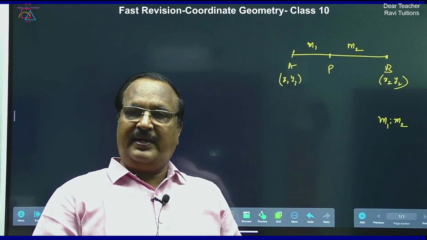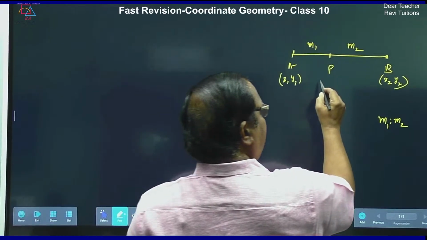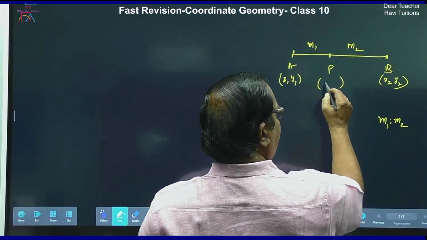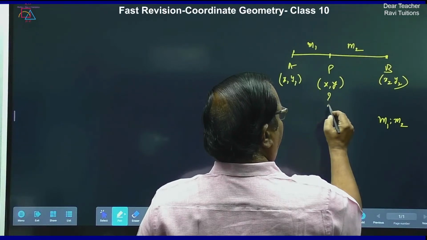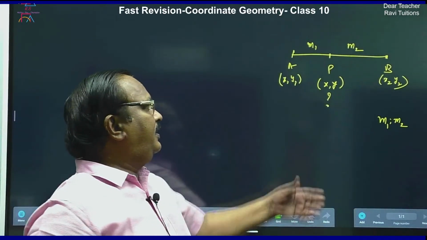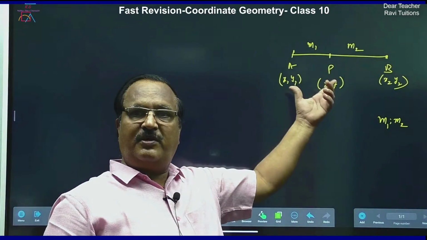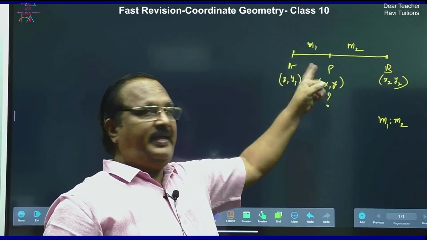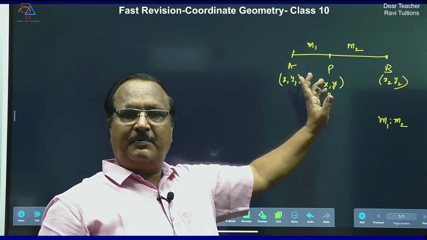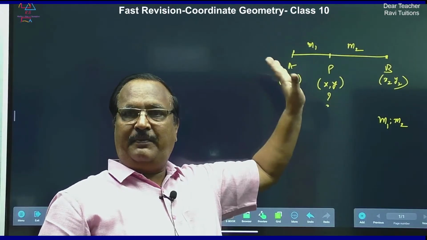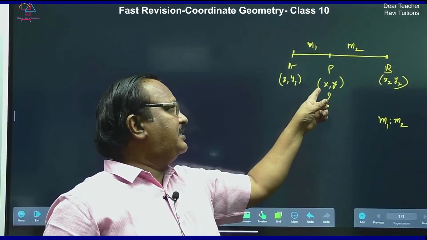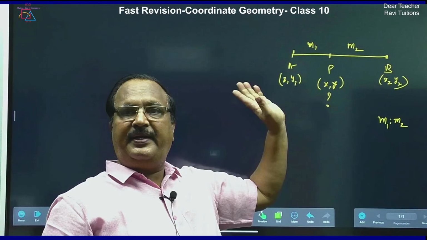Okay. Now, we have to find this point. Let us say this is (x, y). Now, our target is to find the formula. Section formula gives P, the formula for finding P. P means it's a point, so you need x coordinate and you need y coordinate.